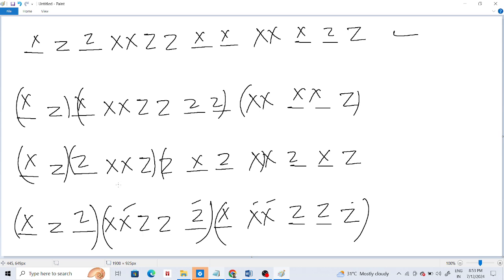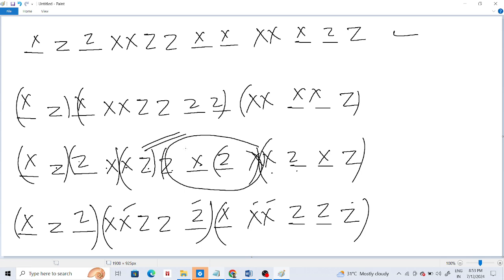Third one. Yes sir, third one. XZ ZX XZ ZX again ZX. And again XZ. But this one XZ XZ can also be a pattern. XZ ZX XZ, but this is breaking the rhythm. Here XZ XZ is breaking the rhythm.